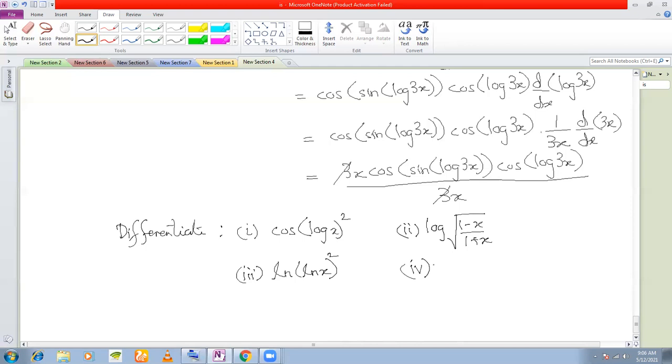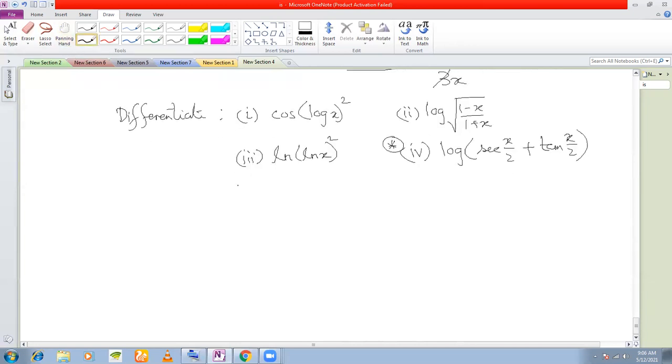Then you have log of (sec x by 2 plus tan x by 2). This is also important. We'll come back to this problem later on also. And number 5, you have log sin root (x square plus 1).